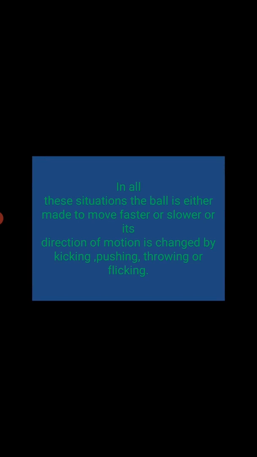Therefore, in all these situations, the ball is either made to move faster or slower or its direction of motion is changed by kicking, pushing, throwing or flicking.